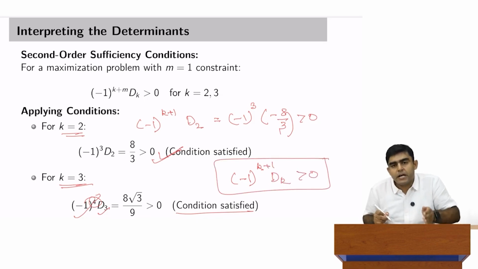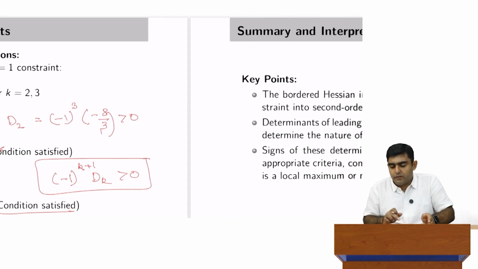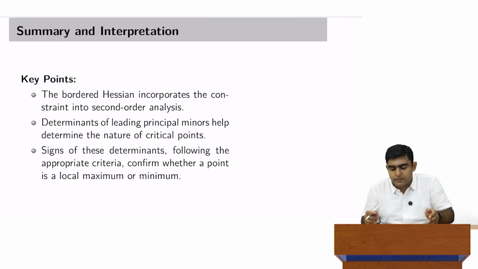That means my bordered Hessian matrix is also a positive definite matrix, and when I am looking at these sign of matrices, I can confirm whether my point is maximum or minimum.